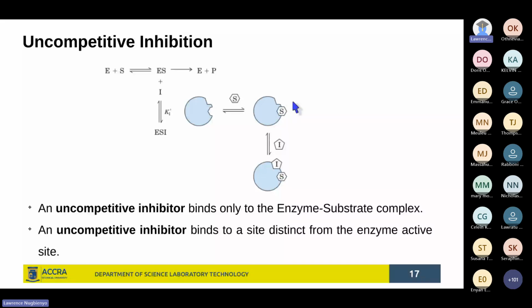So even though you find the enzyme is binding to the substrate to give you an enzyme substrate complex, the inhibitor comes to bind to that allosteric site, which then prevents the reaction from proceeding to products.